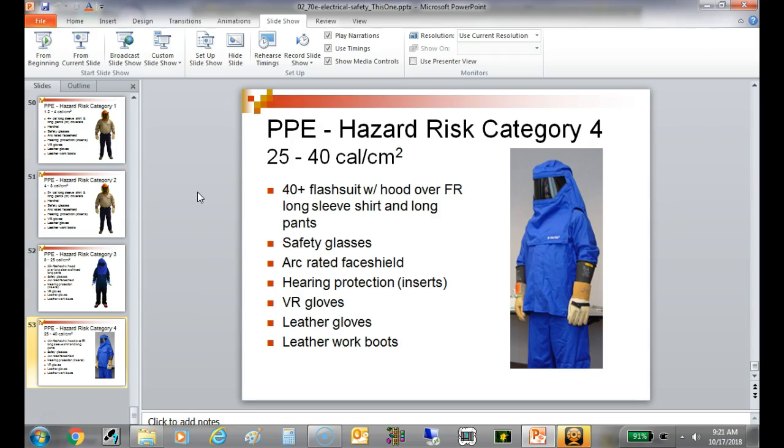Yeah, the 70E. So this is probably what they go through. Now when you go to work, what I understand is that almost any place you go now, before they put you on the floor, they make you go through safety.